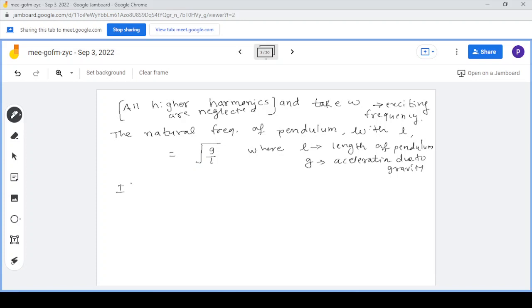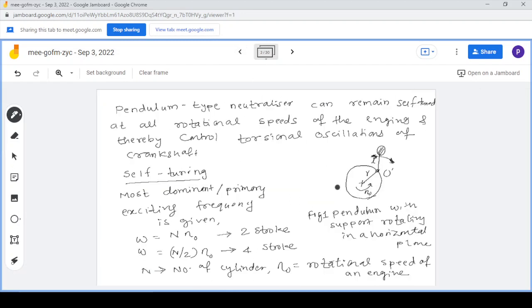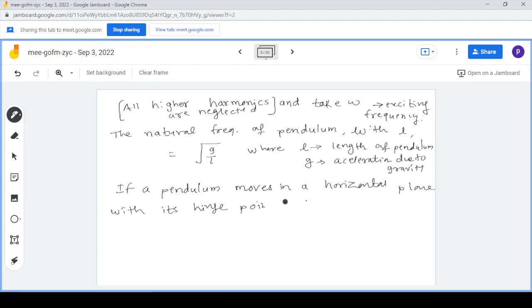So if a pendulum moves in a horizontal plane with its hinge point O dash, look at this. This is a pendulum which is moving in a horizontal plane, right? With its hinge point O dash, figure 1.